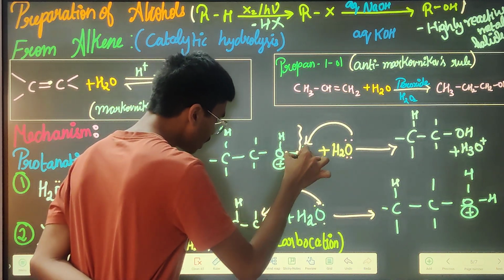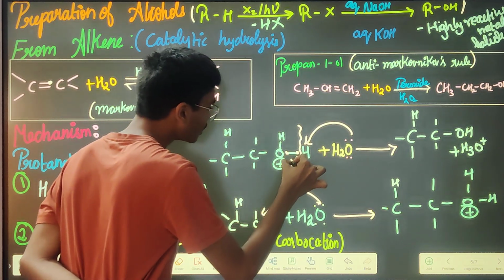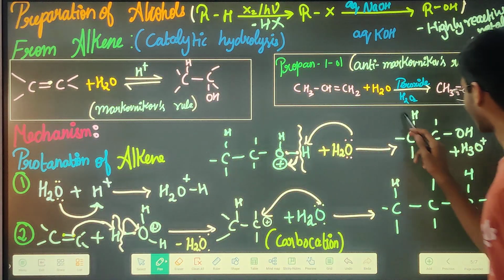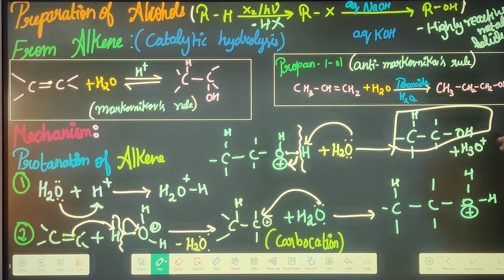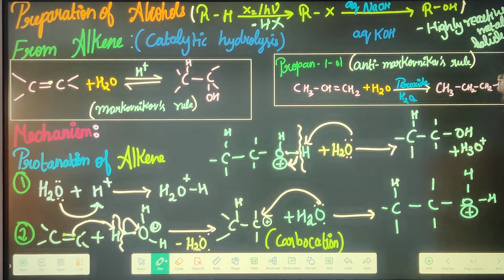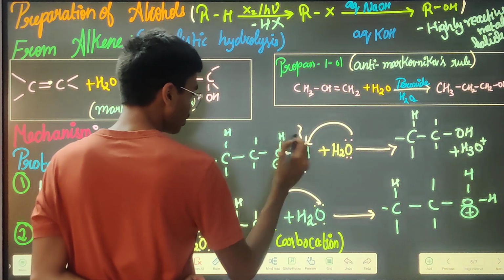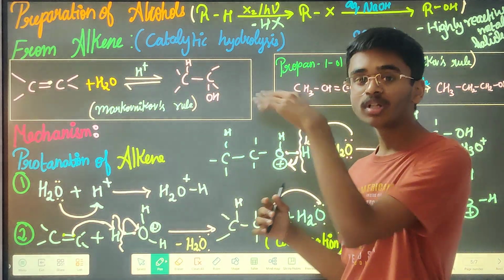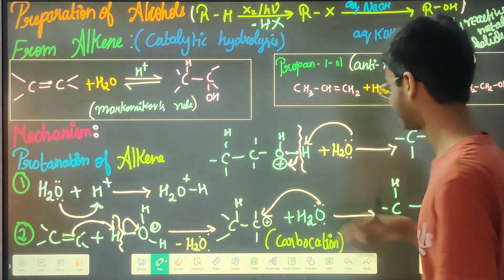This one electron will combine with this oxygen. Now you can see you have an alcohol, and then H2O plus. That's it. So to prepare this particular compound, you needed two different water molecules.